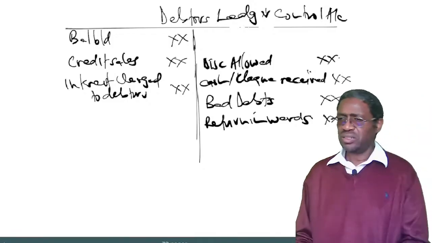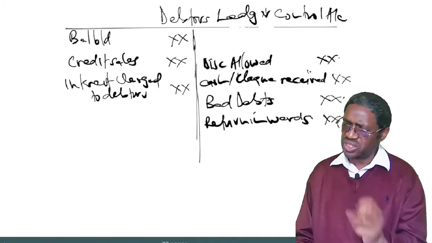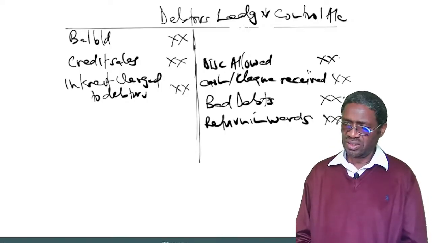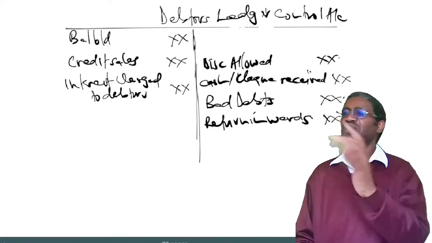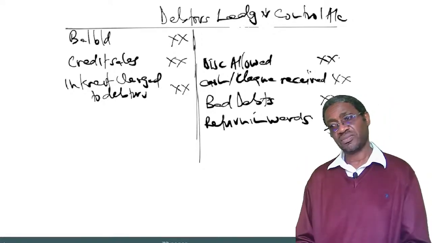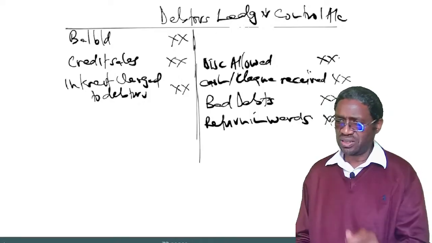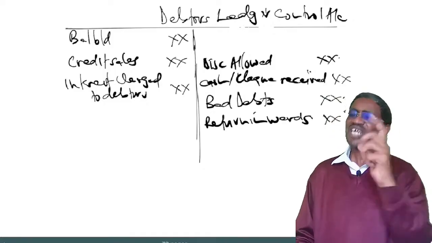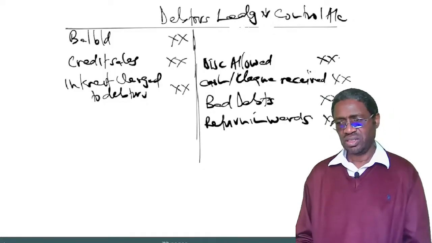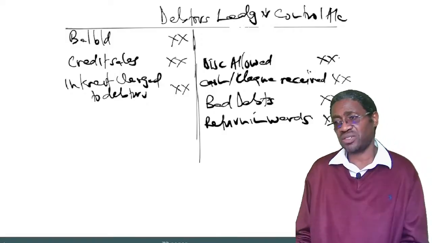This check that we received from debtors, immediately we received it, listen, we debited bank in our books and we credited debtors. Suppose when we went to present the check to the bank, this bank told us that they can't honor that check. Why? Because maybe the debtor did not have sufficient funds.